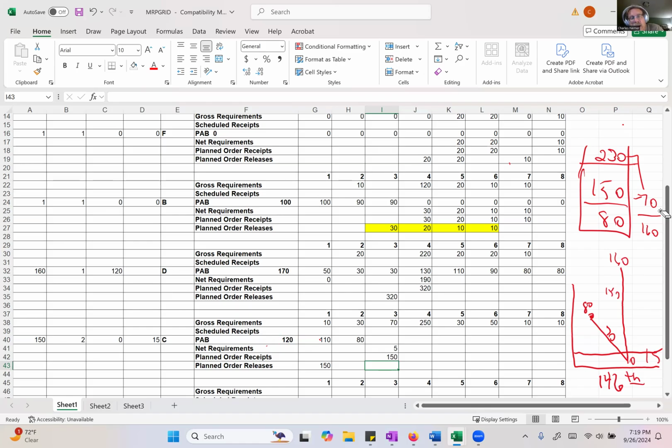The other one I've seen is softwares have said, well, that 15 is kind of like another customer. So instead of a gross requirements of 10 up on top, I'm going to make it 25. So they add 15 to every demand. Instead of 30, it's 45. Okay. So they treat it like an additional demand.